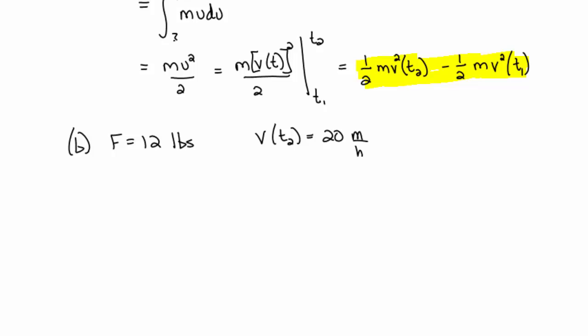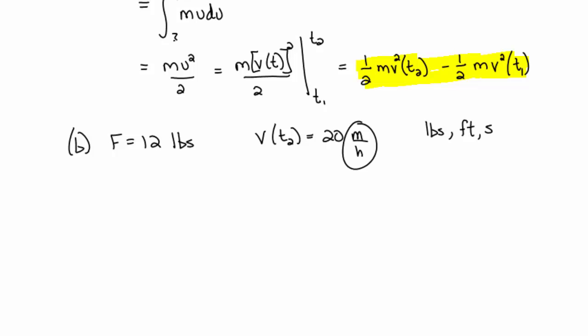Miles per hour is a problem in the US system because when you work in the metric system, you want everything in kilograms, meters, and seconds. Well, in the US system, you want everything in pounds, feet, and seconds. And right now, this miles per hour is an issue.